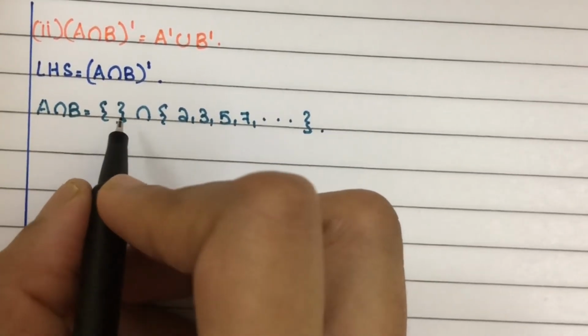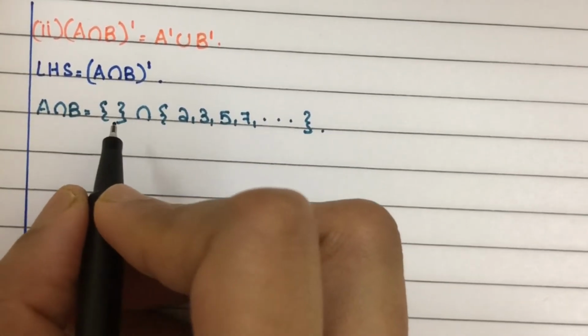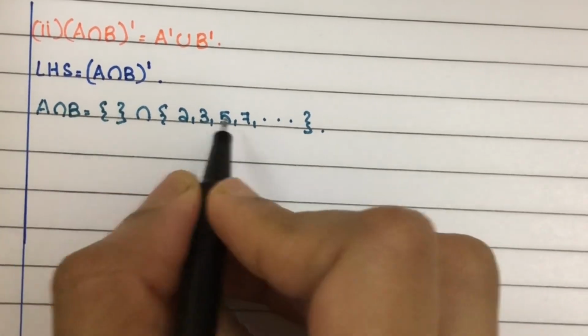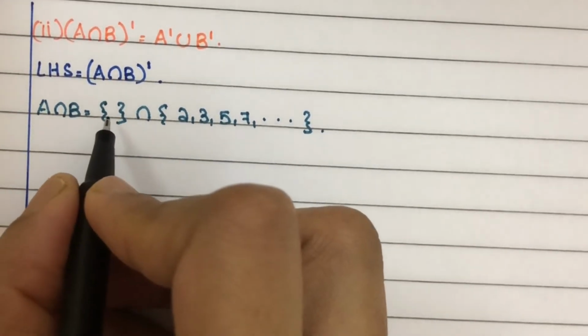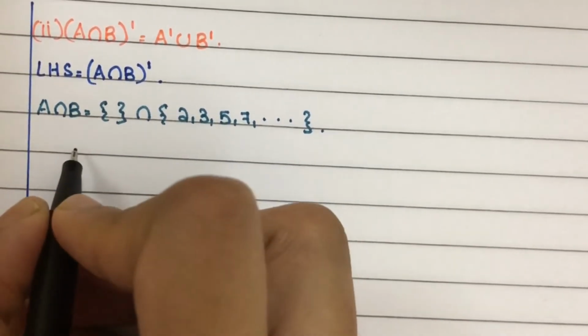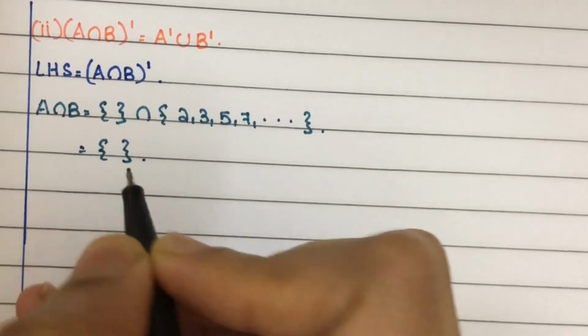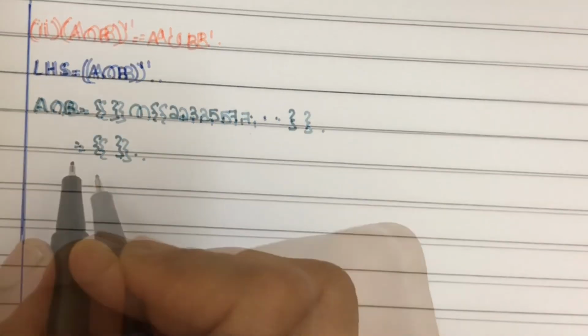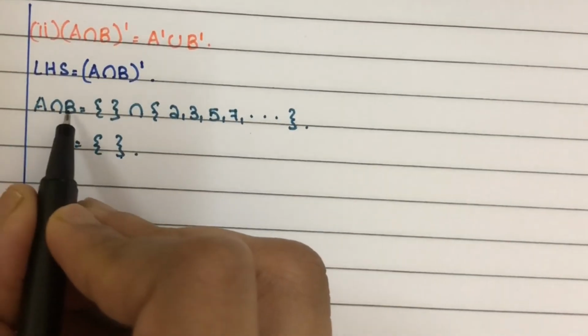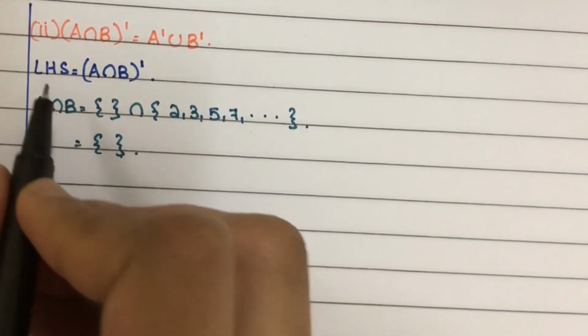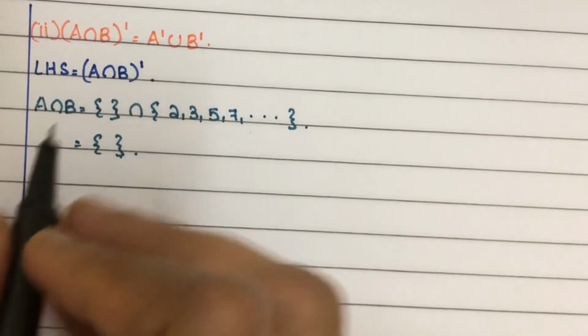So now we know that intersection of two sets has only the elements common in both the sets. Okay, and here no elements are common, right? So A intersection B is equal to null set. Now LHS equal to A intersection B whole complement.